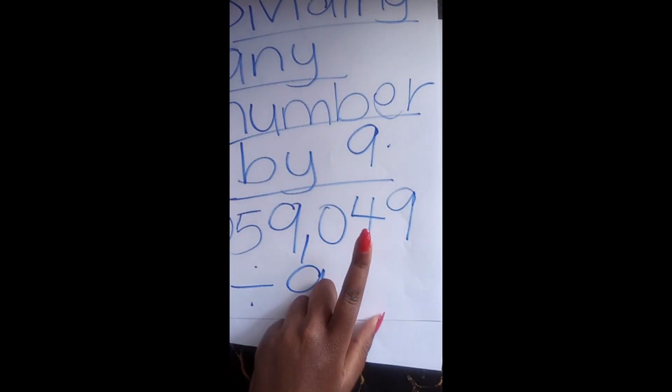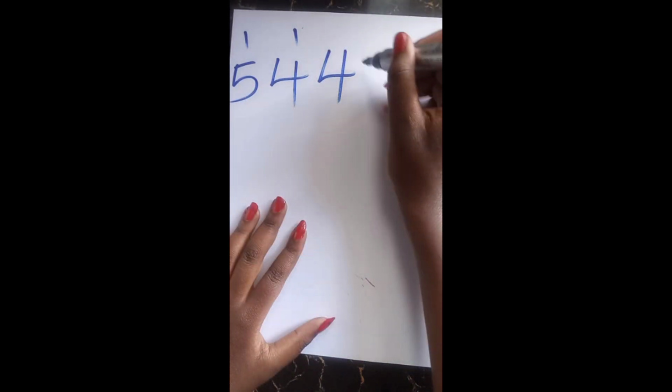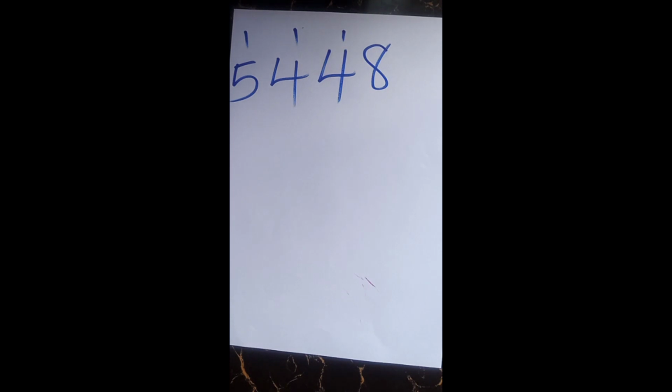Moving on swiftly. What is 14 plus 4? 14 plus 4 is 18. So we'll write an 8 here and carry a 1 over here. And yeah, we'll treat this last digit a little bit different.